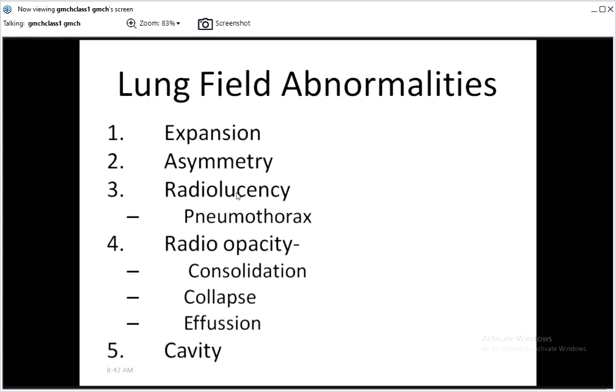Radiolucency means black. So that will be representative of pneumothorax. Or if there is a radio opacity, radio opacity means white. So what are the differentials of radio opacity? Only three. It is a consolidation or a collapse, or if there is collection of the fluid or effusion. And the fifth abnormality you have to comment upon is the cavity. We will discuss these one by one.